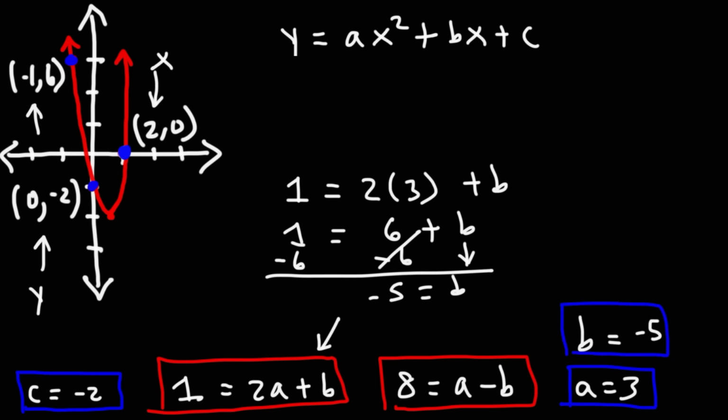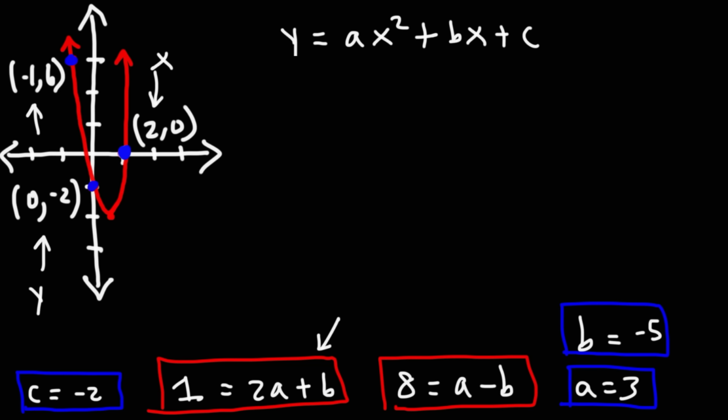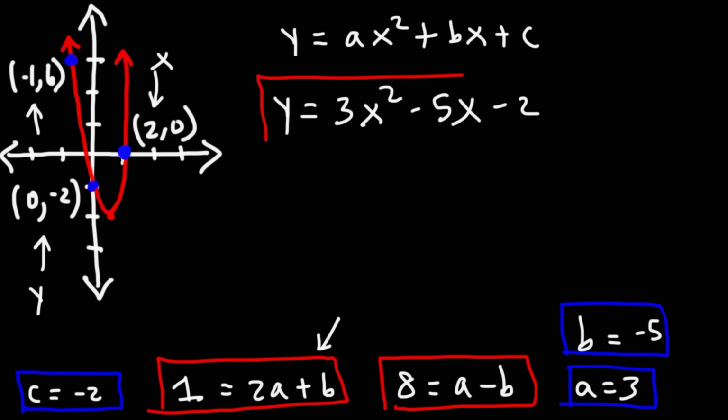Now that we know the values of a, b, and c, we can write the equation in standard form. All we got to do is replace a, b, and c with those numbers. So it's going to be y = 3x^2 - 5x - 2. And that's the answer.